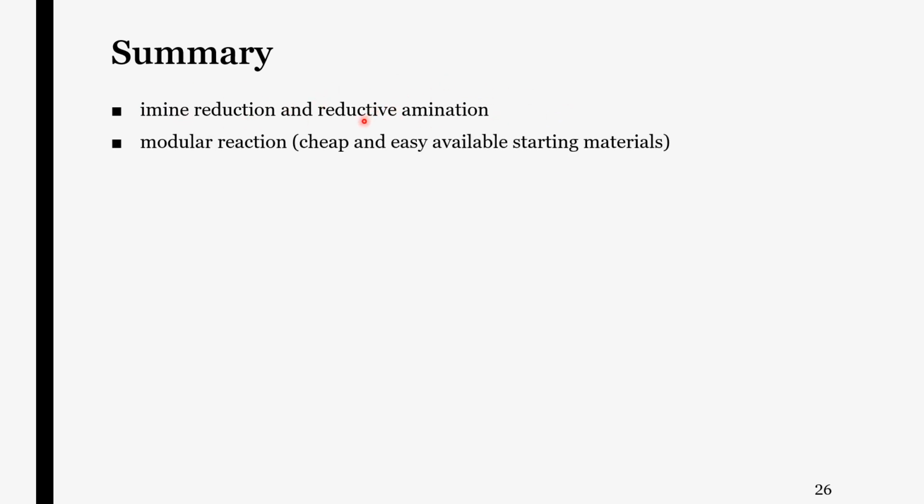So to conclude everything, with these fantastic imine reductases, they can catalyze the imine reduction and the reductive amination. Different kinds of amine and carbonyl combinations can be used, and these carbonyls and amines are rather cheap and easily available.